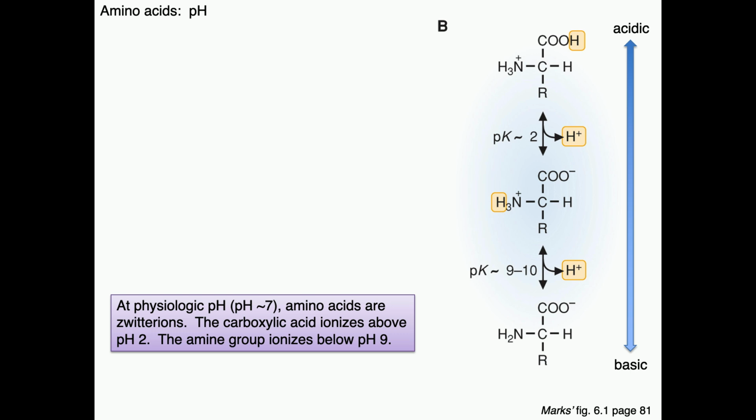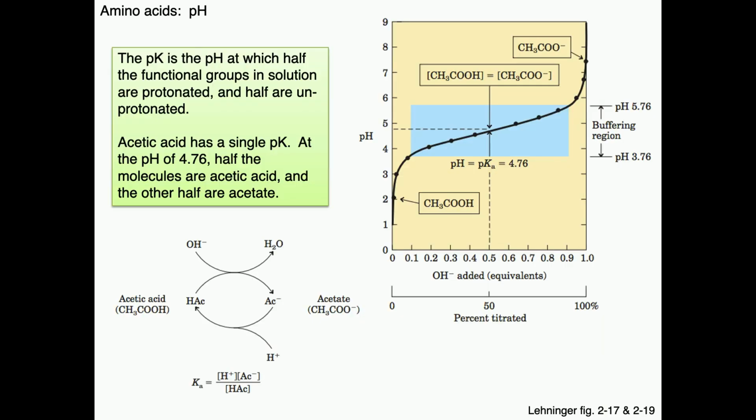So if you just consider the carboxylic acid and the amine group, at neutral pH there's a net neutral charge, one minus and one plus on an amino acid. This is a titration curve for an acid with a single ionizable group, acetic acid. You have one pK value because you only have one ionizable group.